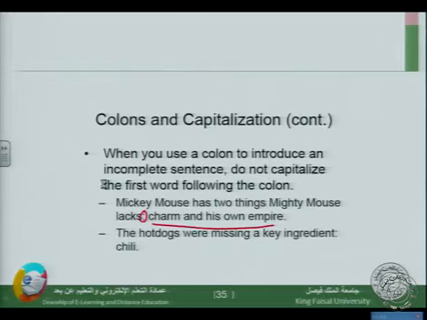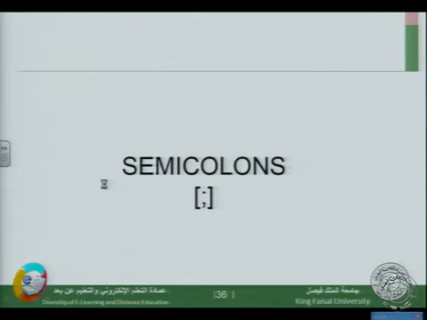But here we did not have a complete sentence. These are only phrases, so we do not capitalize. For example, the hot dogs were missing a key ingredient: chili. Notice we did not capitalize chili.